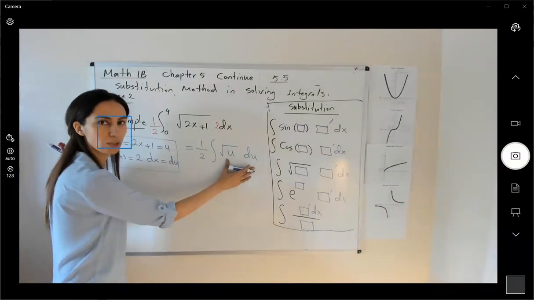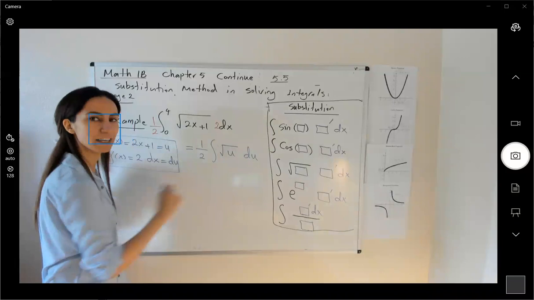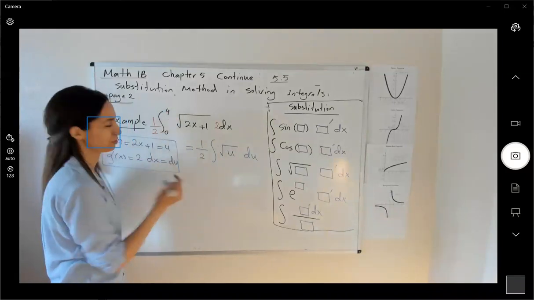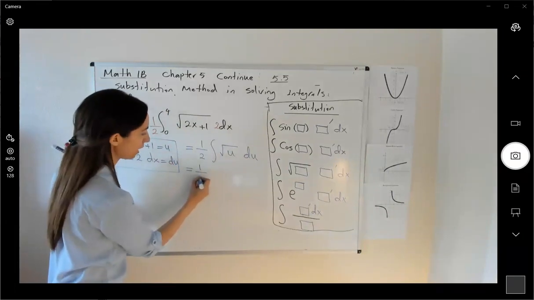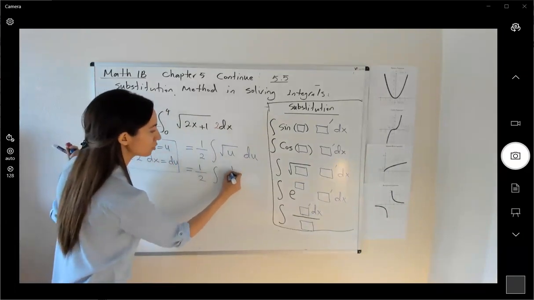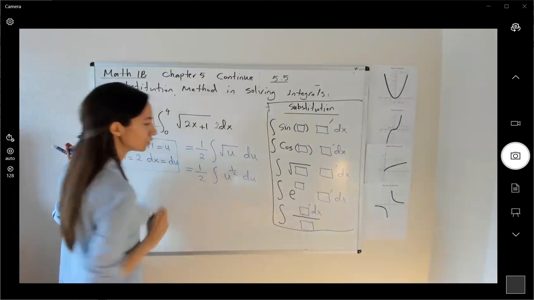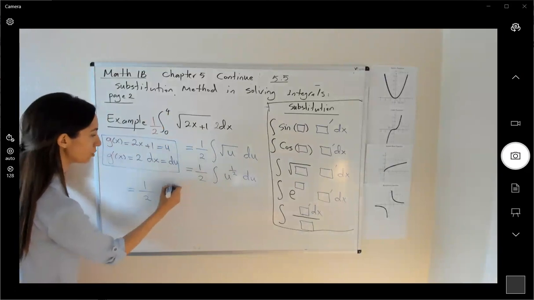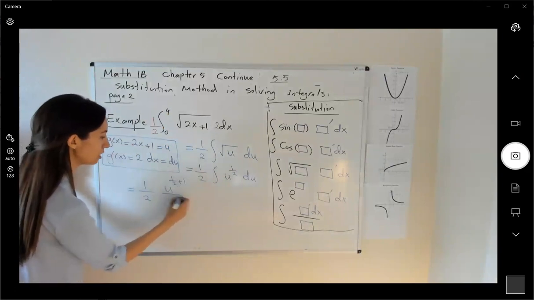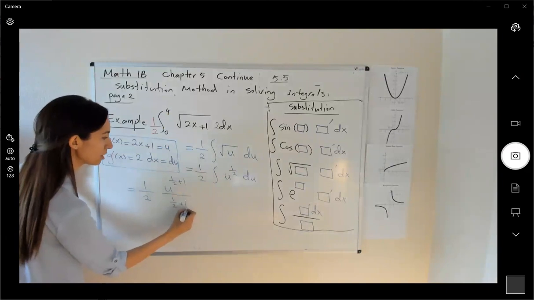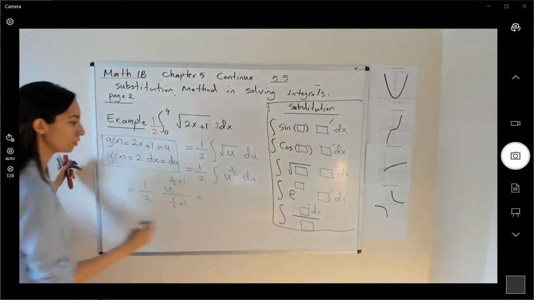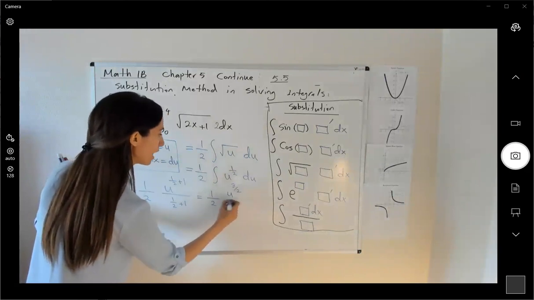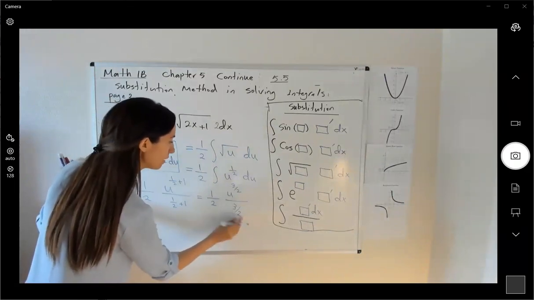First, calculate this integral, write it in x, then use 0 and 4. This is equal to a half integral u to the one half du. This is equal to a half u to the one half plus 1, divided by one half plus 1, which is equal to a half u to the 3/2 over 3/2.